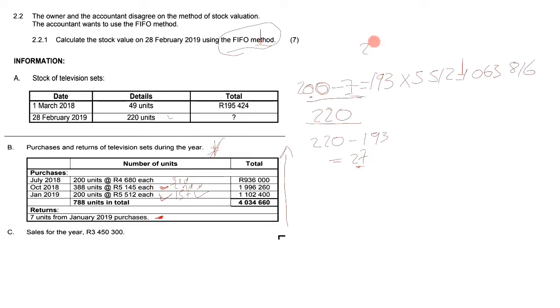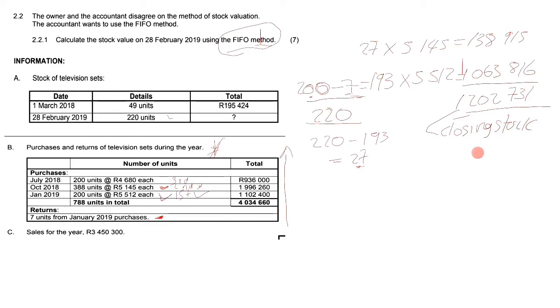So it's 27 multiplied by 5,145, so your answer is 138,915, right? Thereafter, your closing stock, you add these two amounts, meaning your closing stock is going to be 1,202,731. Yes, so this is now your closing stock using the FIFO method.